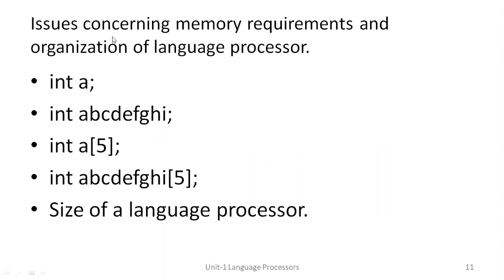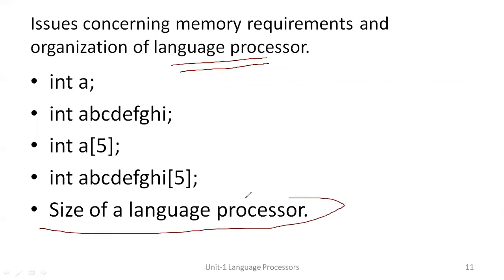First of all, we'll finish the issue regarding language processor. So, what is a language processor? As we say, a language processor is software which takes a source program as input, analyzes, synthesizes, and gives the output as a target program. But this language processor also needs some space in the main memory because it is again software.